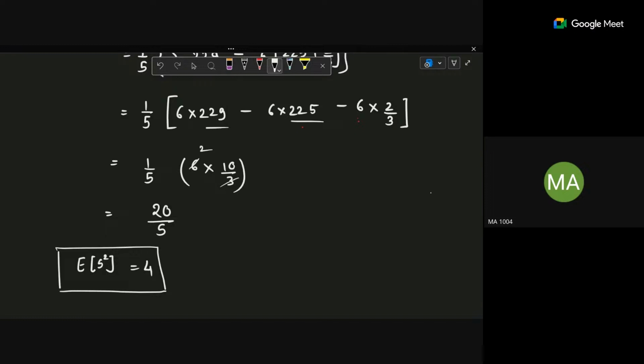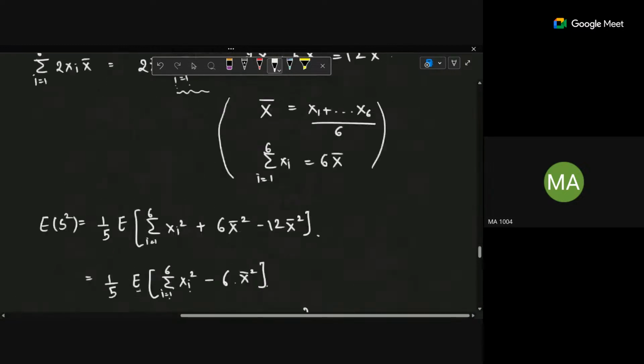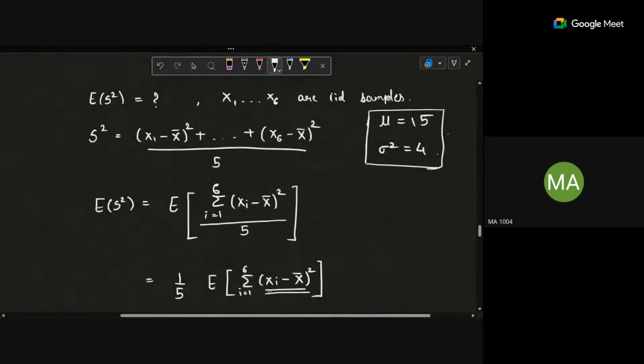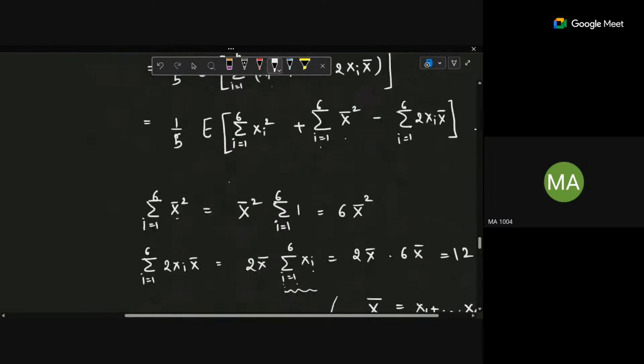Fine. So we were just given the formulation for s square and asked for the expectation of s square. So it was just mathematical computation only, nothing that complicated. We just used all the mathematical things here.